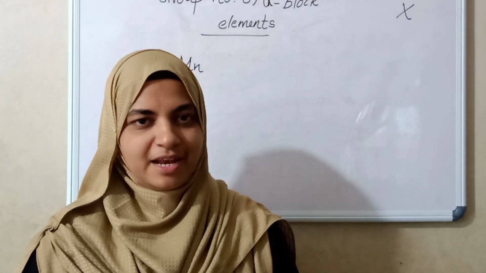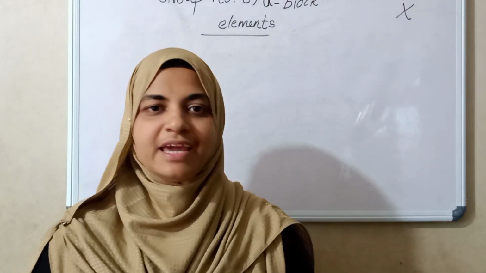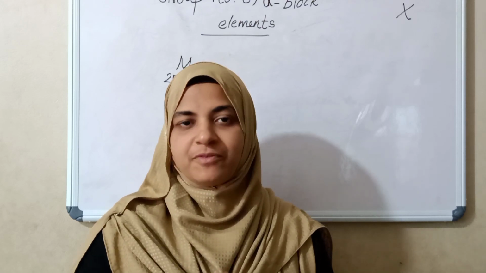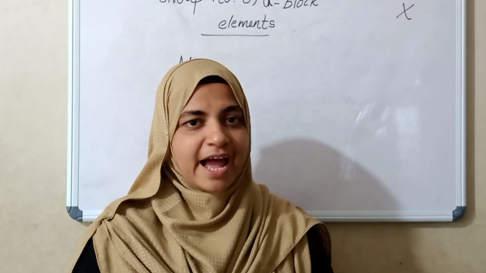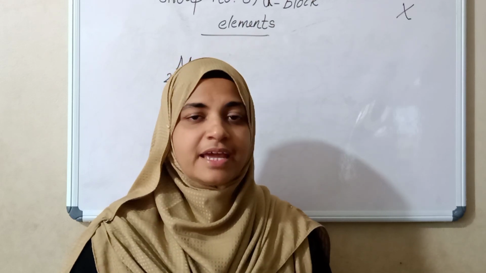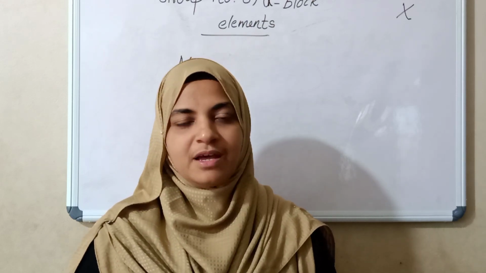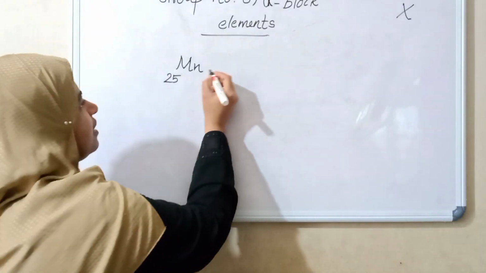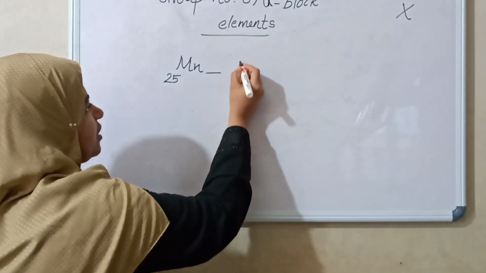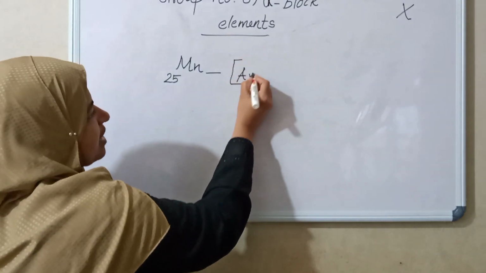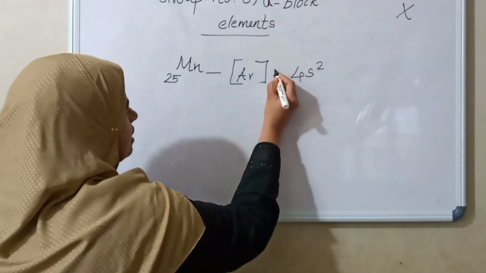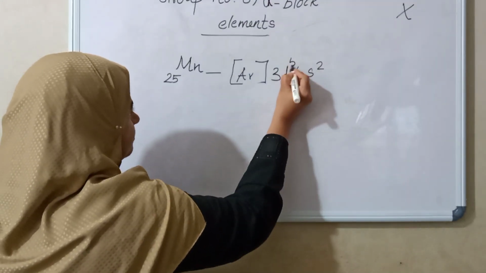For D block elements, the group number is equal to the number of electrons in the D subshell and the electrons in the S subshell. For example, manganese, 25. Here, the subshell electronic configuration is argon 4s2 3d5.